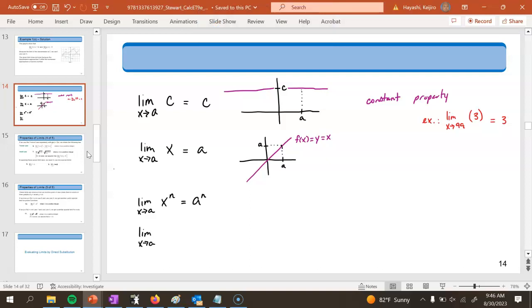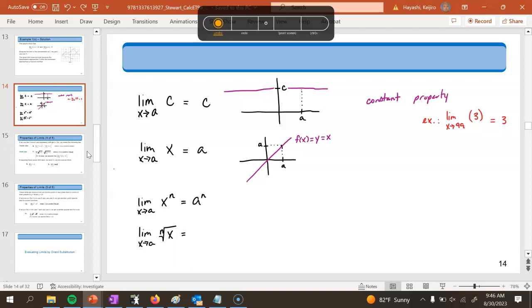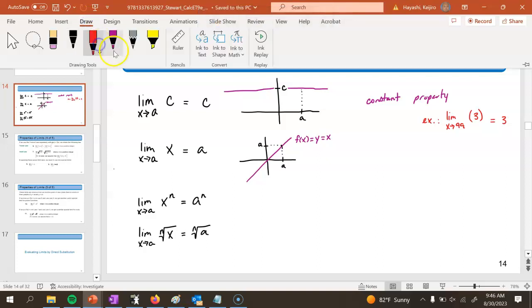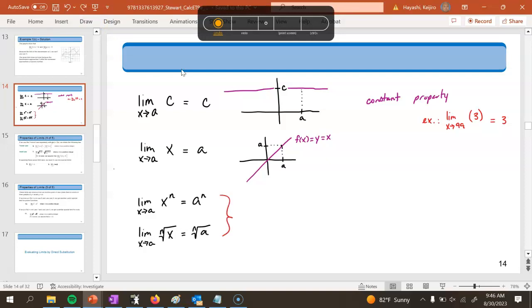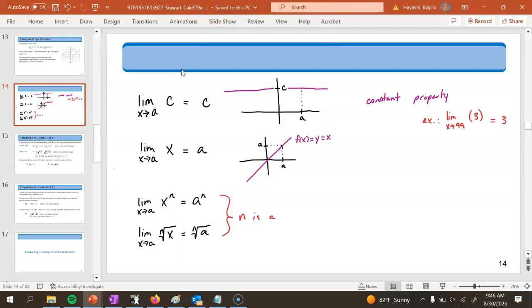And the limit as x approaches a of any root of x is just that root of a. And specifically, this assumes that n is a positive power or a positive root. No negative powers and no negative roots, because those would flip it into the denominator and all sorts of weird stuff would happen.